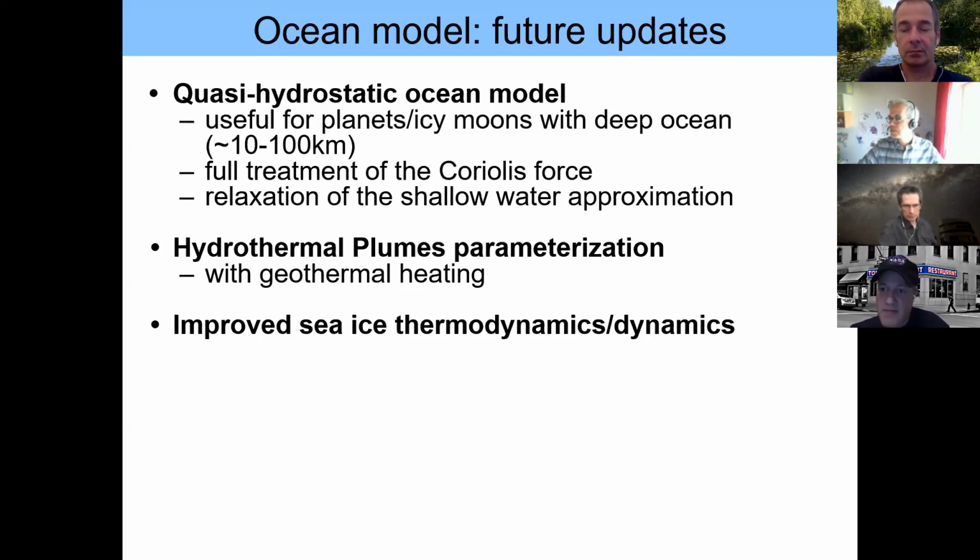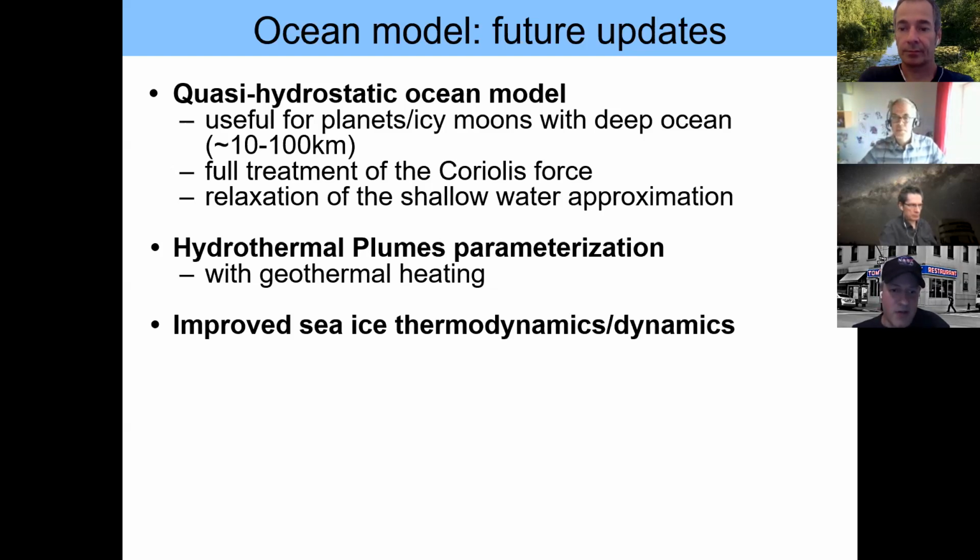That entails both a full treatment of the Coriolis force in our momentum equation and relaxation of the shallow water equation. We're also going to be implementing a new parameterization for heat plumes rising in the ocean.